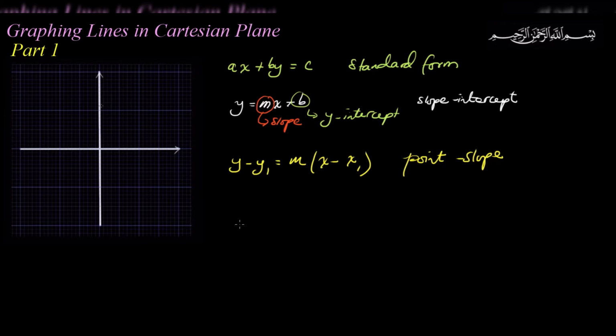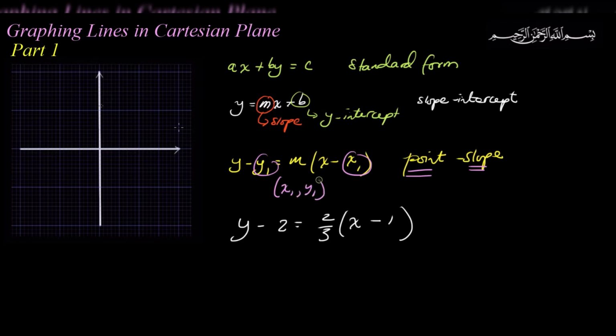Just like that, you also have to recognize this, y minus 2 equals 2/3 times x minus 1. This is also a line given in the point-slope form. In the point-slope form, you're given a point, x1, y1, and you're given the slope of the line. So you identify the point and the slope from this particular equation.